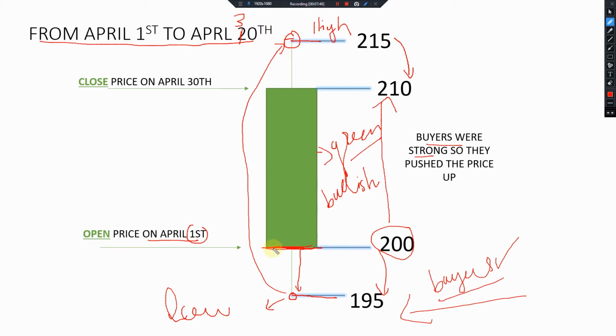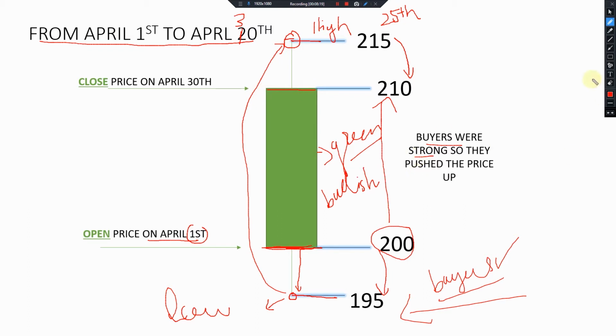The price opened on April 1st at 200, and after 3 days the price per kg of rice went to 195, and then huge demand came because of lockdown. The price went from 195 to a high of 215 at around April 25th. And after that, on April 30th at midnight, 12 o'clock, the price of the rice closed at 210.